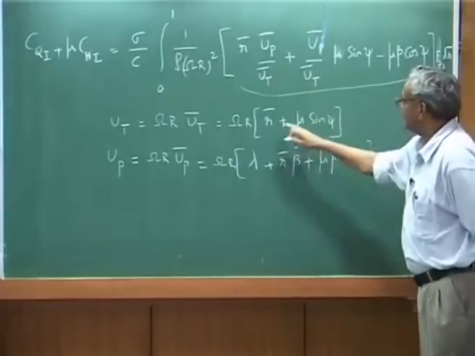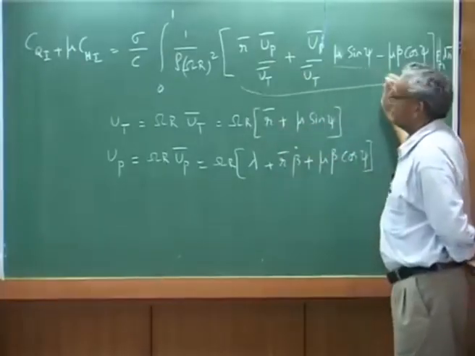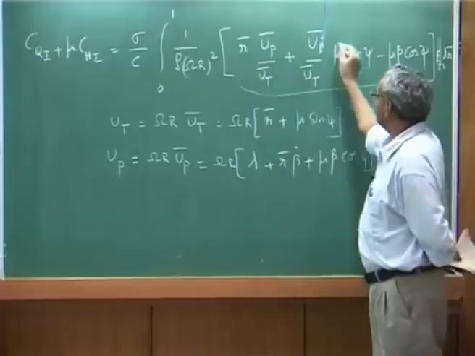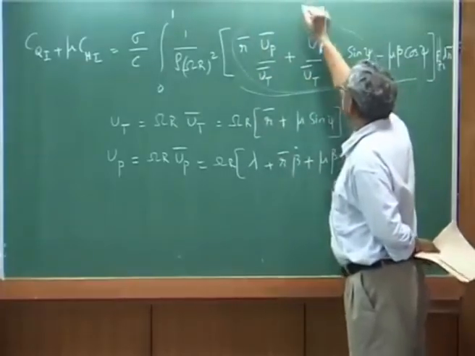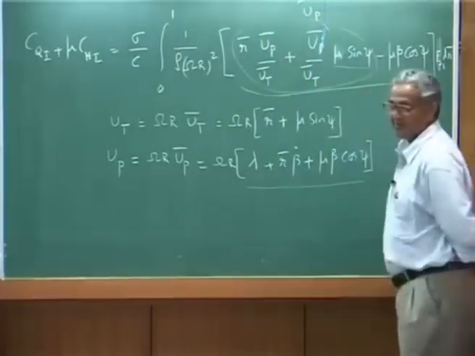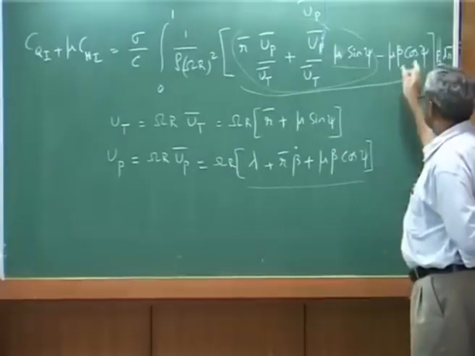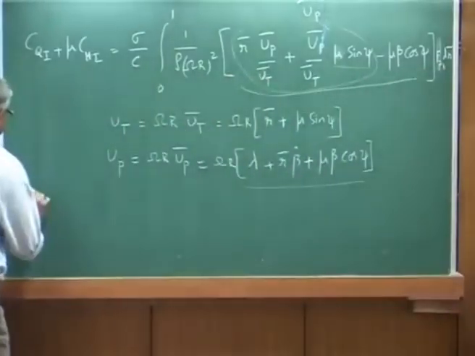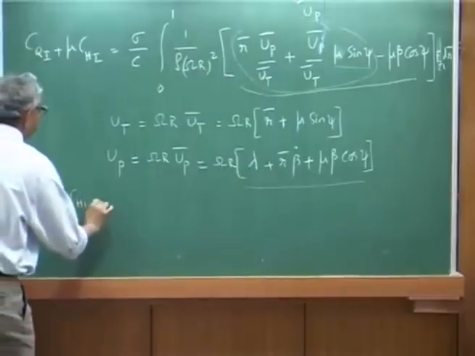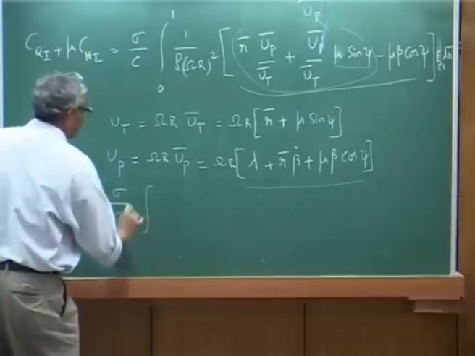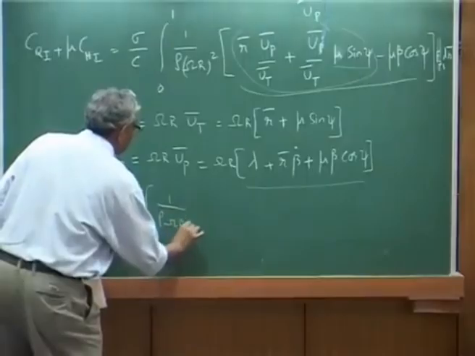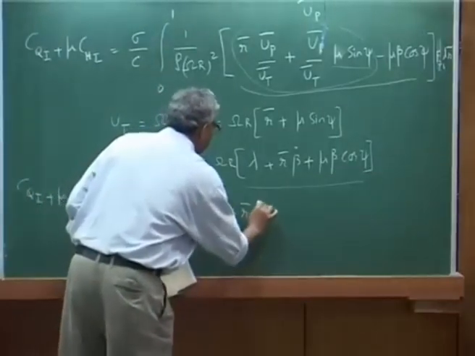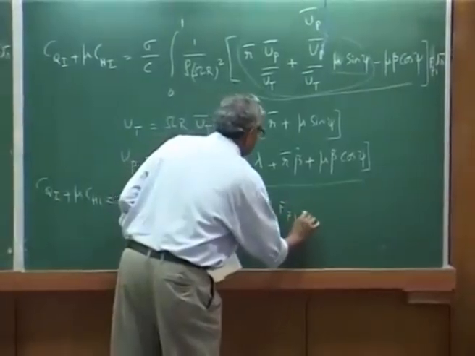What is U_T bar? r bar plus mu sin psi. Between these two terms, this term is nothing but U_P bar, and U_P bar minus mu beta cosine psi will go off, leaving behind your C_QI plus mu C_HI, which is nothing but sigma over C_l alpha, 1 over rho omega r whole squared, lambda plus r bar beta dot, F_Z1 dr bar.